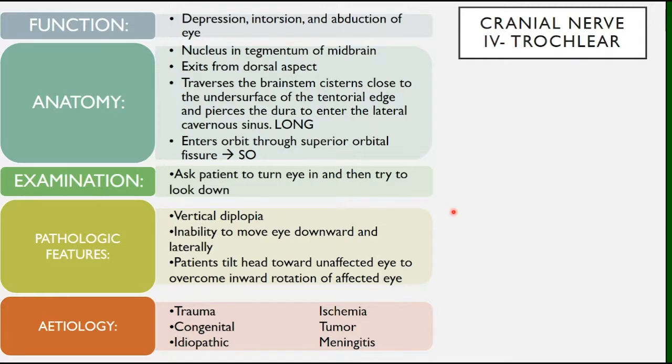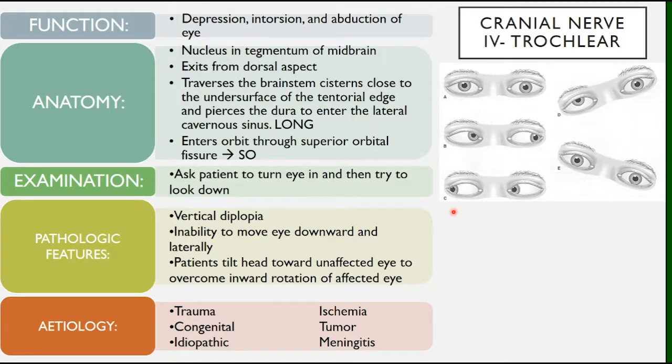So the clinical features: there'll be vertical diplopia. That's why even yesterday when we did cranial nerves, we asked them which image, and then you cannot move the eye downward and laterally, and then the patient tilts towards the unaffected side. So somebody can take us through this extraocular muscle motility chart. What is A?